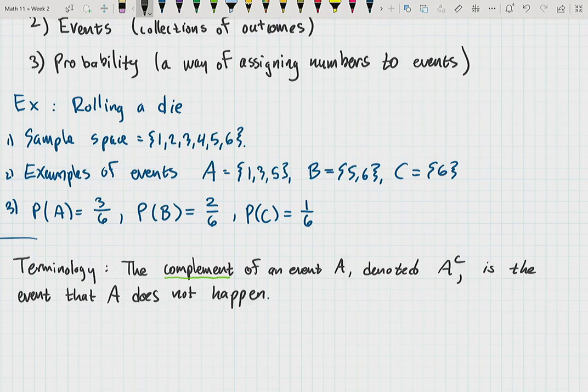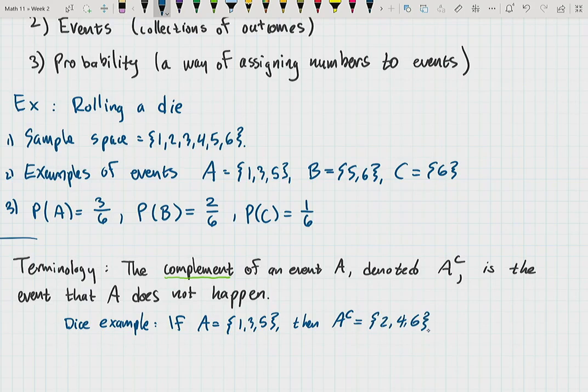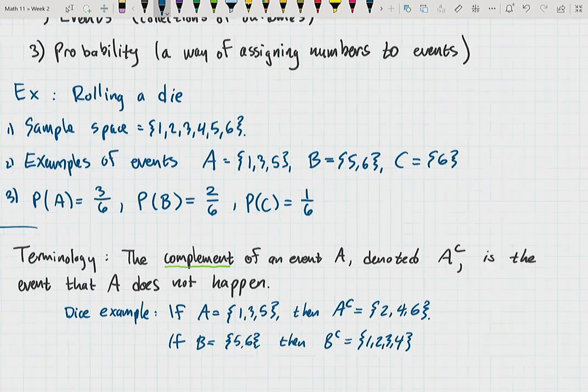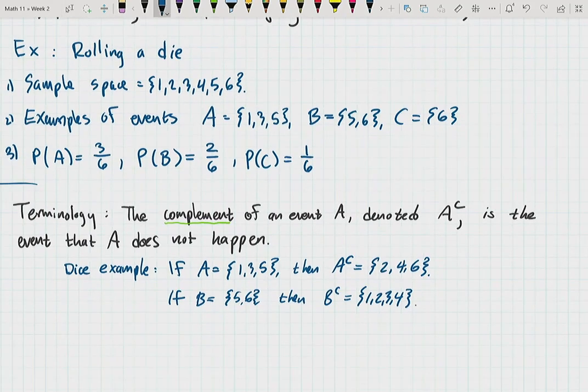So to use the dice example, if A was the event that we roll an odd, then A complement would be the event that we roll an even number, which is 2, 4, or 6. And B was that we got a 5 or a 6. So B complement would be that we either got a 1, a 2, a 3, or a 4. All right, any one of those would mean B was false.